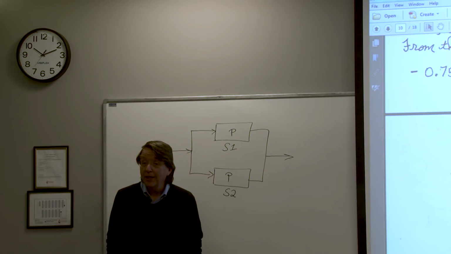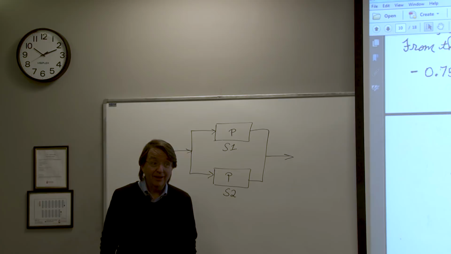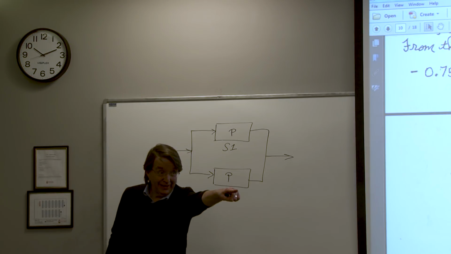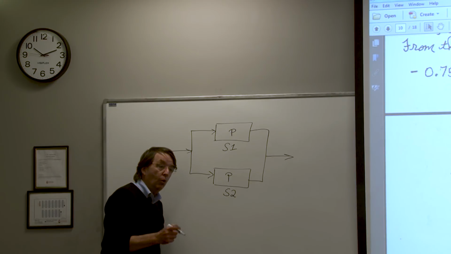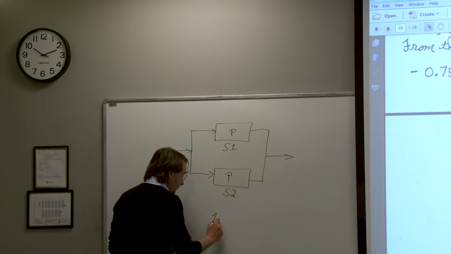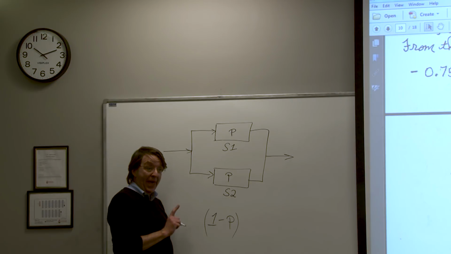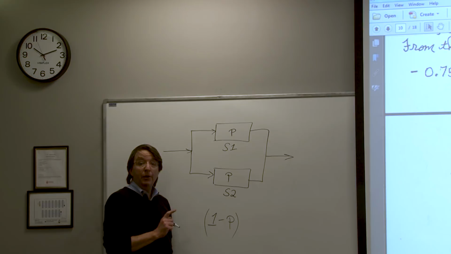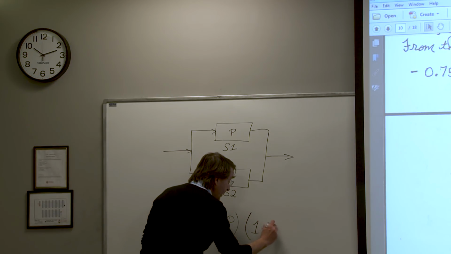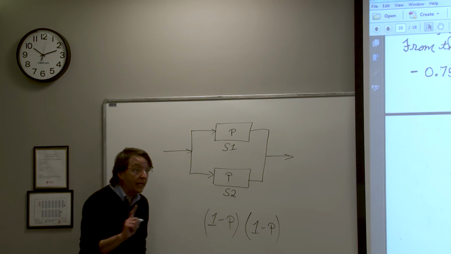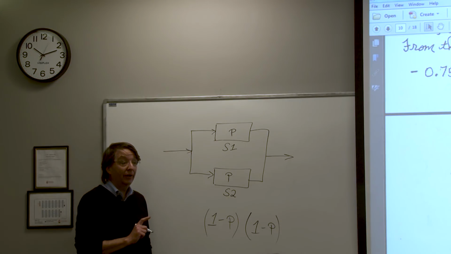So here's what you do. If you can't figure out the probability of it working, what do you figure out? Take me through it. What is the probability of the upper path not working? 1 minus P. What's the probability of the lower path not working? 1 minus P. When and only when does this not work?